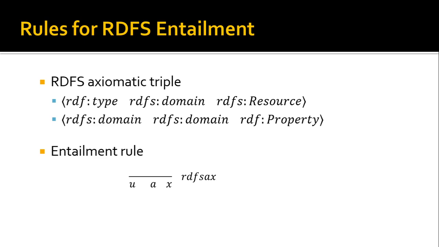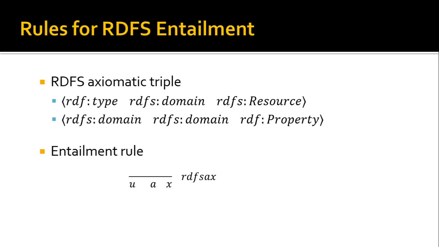I'm not giving any particular example here. This RDF entailment example will also be used when we talk about RDFS entailment in general, right? So let us see what entailment rules there are in RDFS, right?